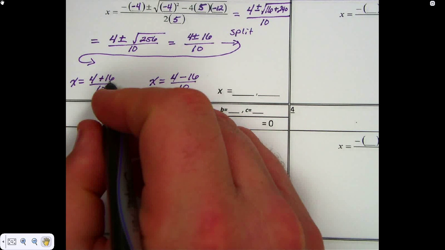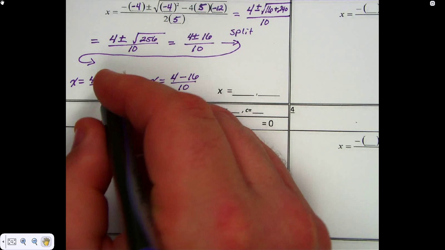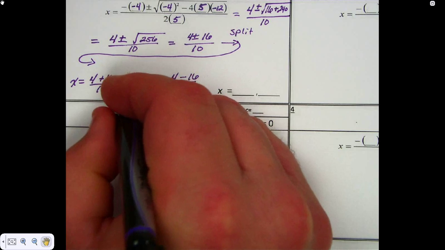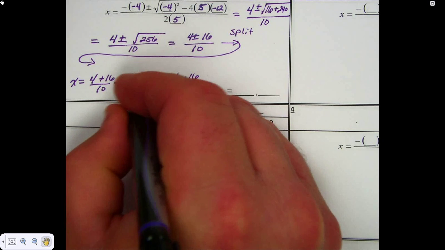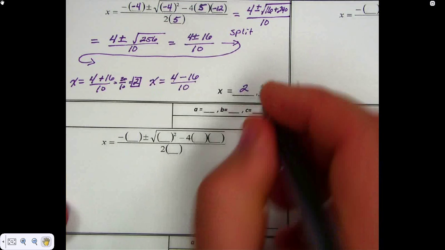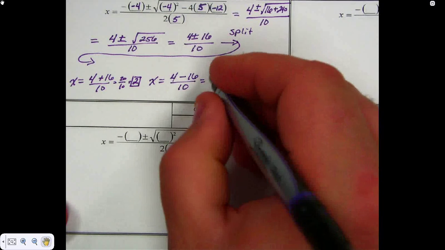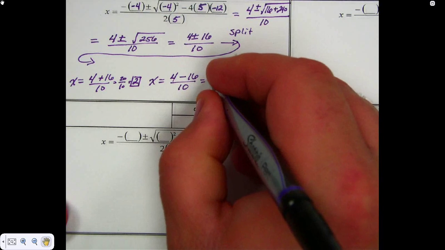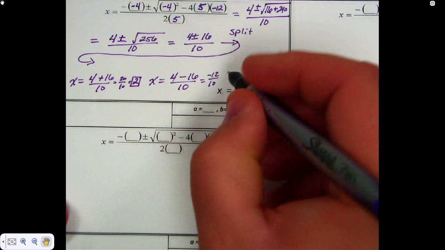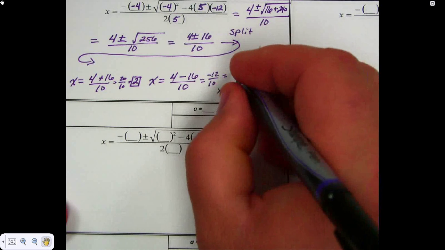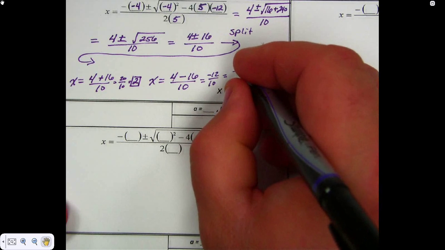What is 4 plus 16? So this is 20 over 10, which makes this what? So one of your answers for x is 2. What does this make? 4 minus 16 is a negative 12 over what? 10. When you reduce that, you should get a negative 6 over 5.